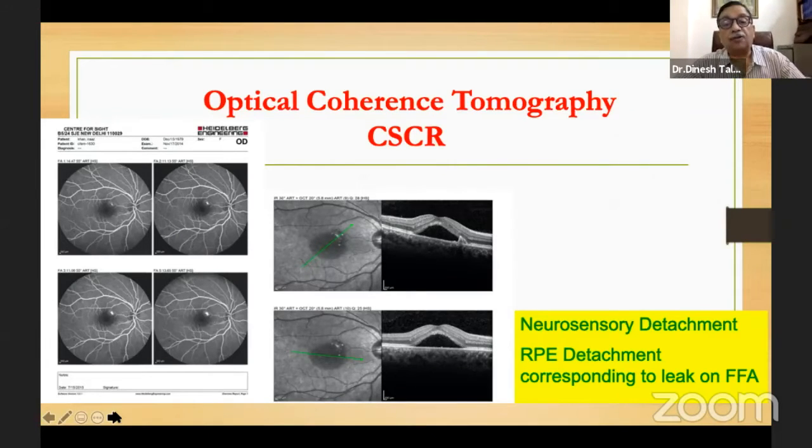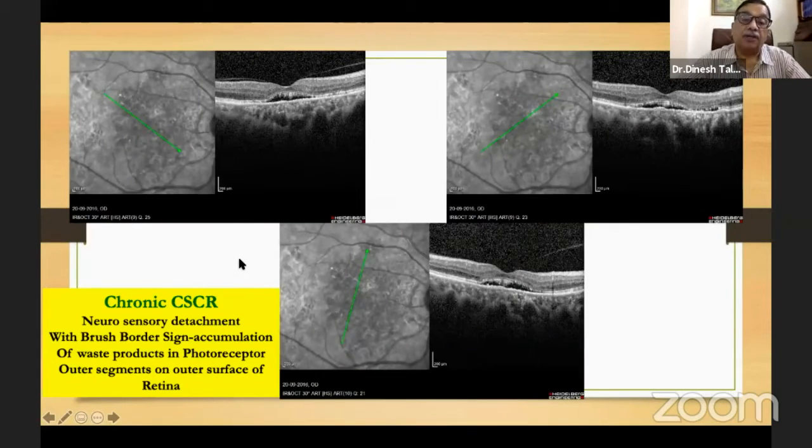Now let's come to central serous chorioretinopathy. Again, you have a neurosensory detachment over here, but you have a small RPE detachment from where the leaks are happening. So you know that this is in the acute stage. Many of them will improve conservatively. Sometimes they will need to be treated. Now you come to chronic CSR.